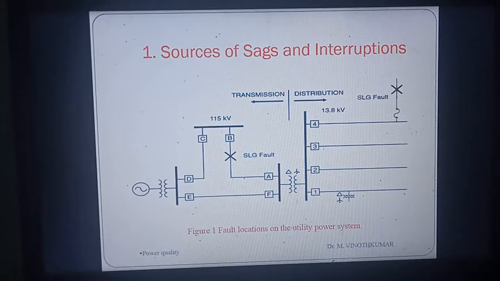If a fault occurs in the transmission system, where there are two transmission lines supplying the distribution system, a fault on one line means there will be a voltage sag on the distribution side customers.